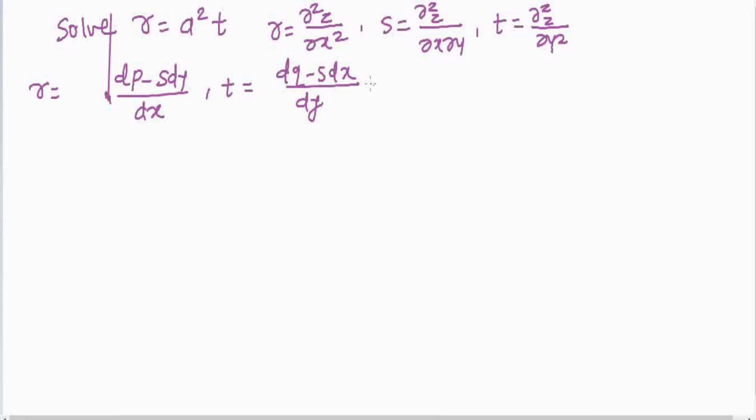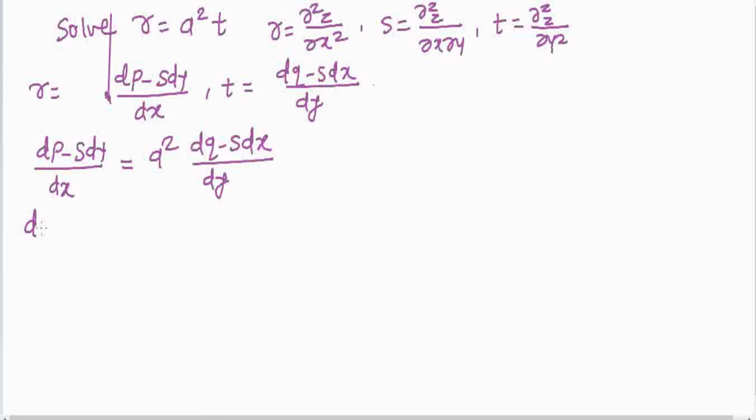So we put this value in the given equation. If we put this value in the given equation, we have dp minus s into dy divided by dx equal to a square into dq minus s into dx divided by dy. Let us do the cross multiplication. dp into dy minus s dy square equal to a square into dq into dx minus s into dx square.